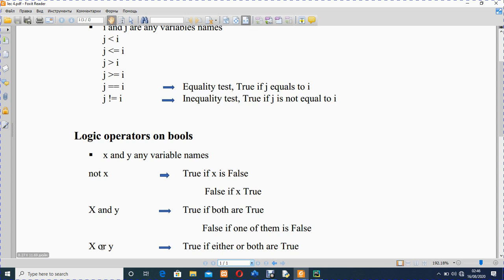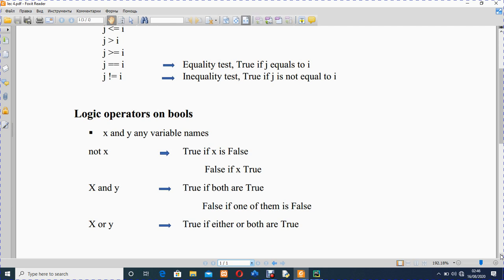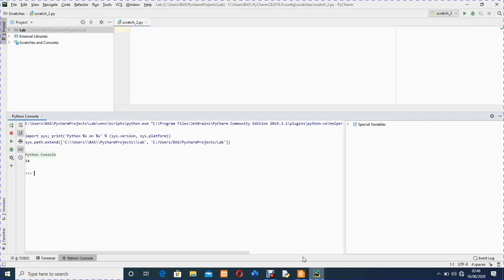Then we have or. X or Y applies to true if either or both are true. Let's try it and see practically.